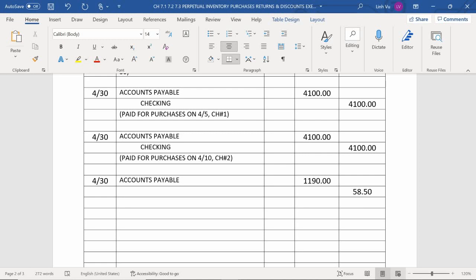Less. Okay, so therefore it's a credit. What account am I going to take this discount from? Inventory. Yes, you're going to discount your inventory because you're paying for the inventory items at a discounted price.